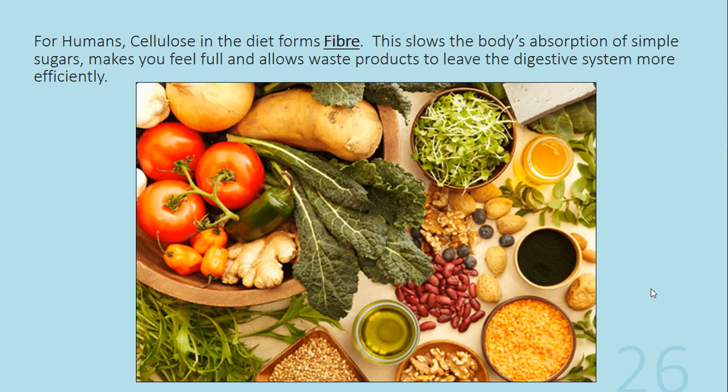Number one, the simple sugars that you're eating along with it, they are absorbed much more slowly and much less insulin has to be released. Okay, so cellulose is a good moderator of blood sugar and insulin levels. Number two, no pun intended, it's actually really good for your digestive system as far as having regular bowel movements.